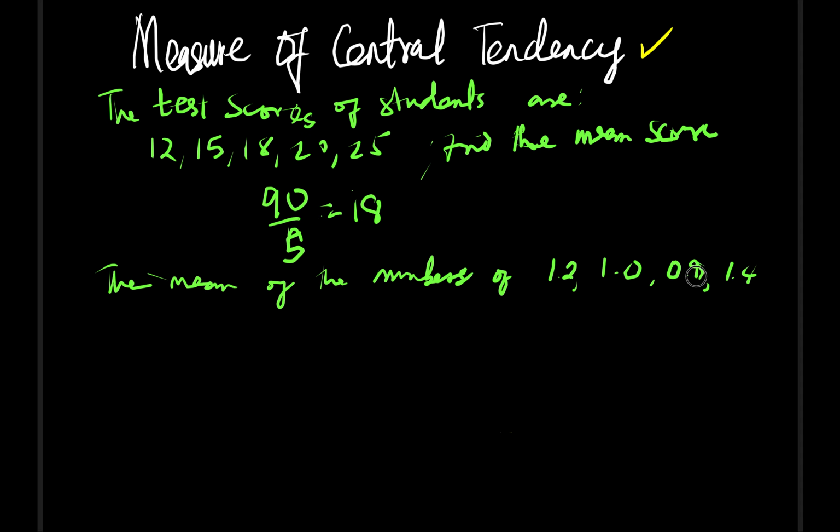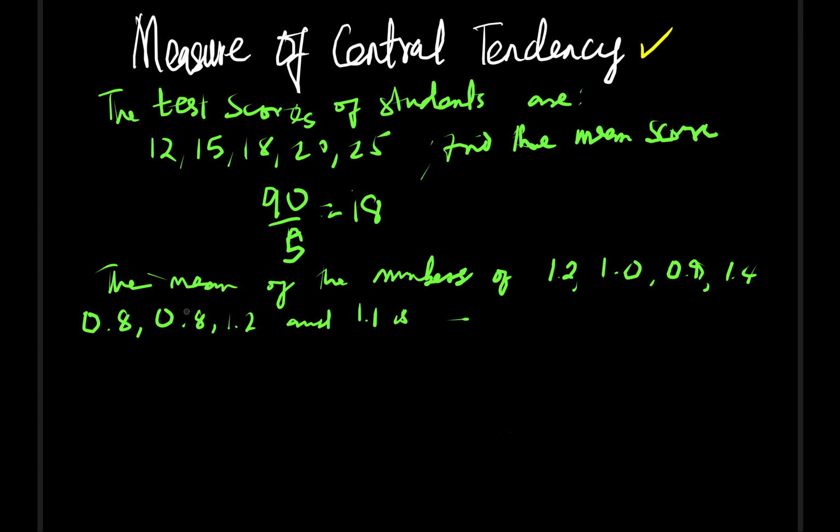Let me write this clearly. 1.4. We have 0.8, 0.8 again, 1.2, and 1.1. So they say the mean of the numbers, these are the numbers given to you. The mean of these particular numbers is what?